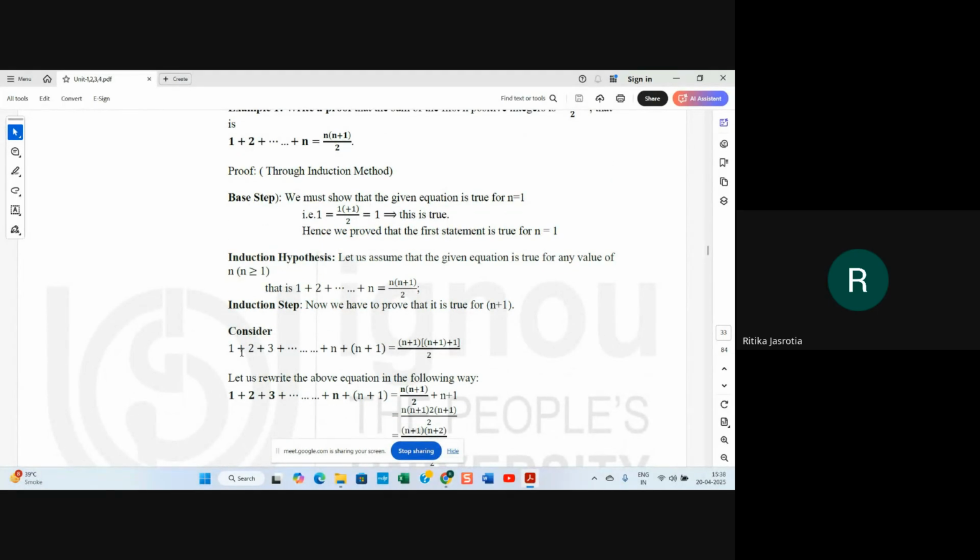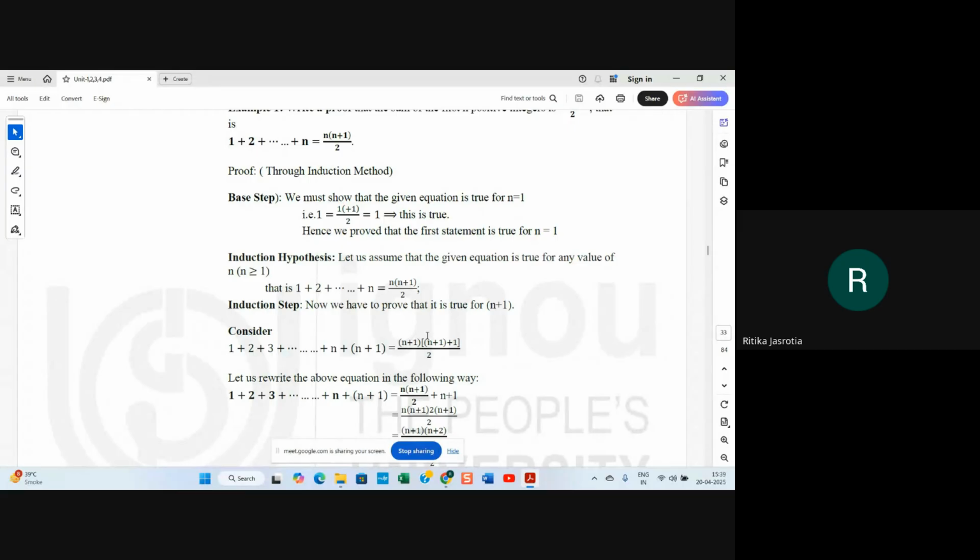So we take 1 plus 2 plus 3 plus up to n plus 1. Instead of n we will put n plus 1, and wherever there is n, we will put n plus 1 there.